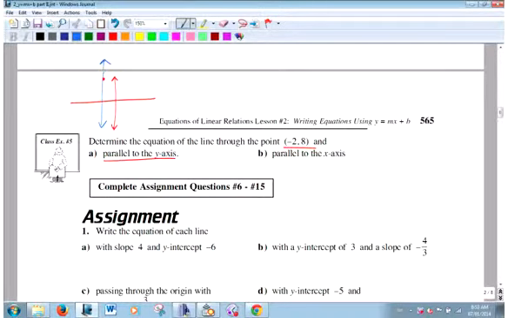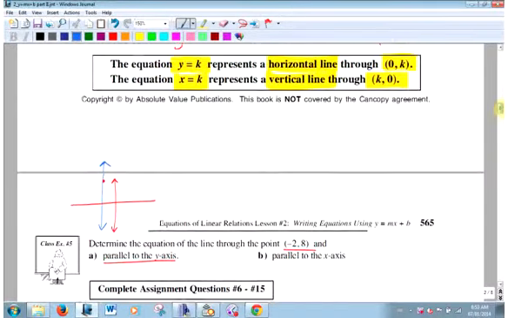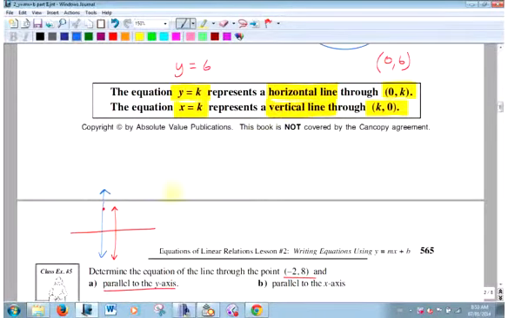What's the equation of that line? Well, let's go back and look at this stuff. Is this a vertical or horizontal line? Vertical line. What point does that go through? That is -2, isn't it? X is -2. I don't care what y is. X is always -2. That's a vertical line.